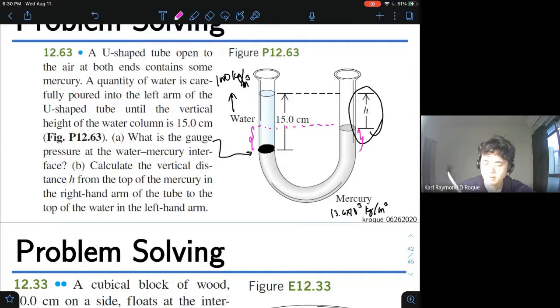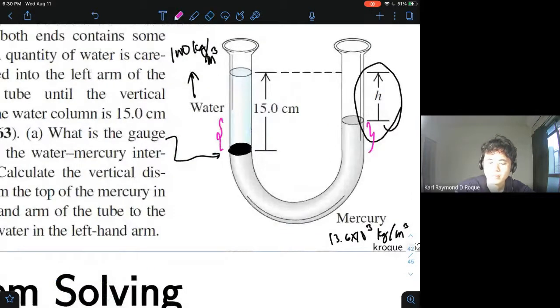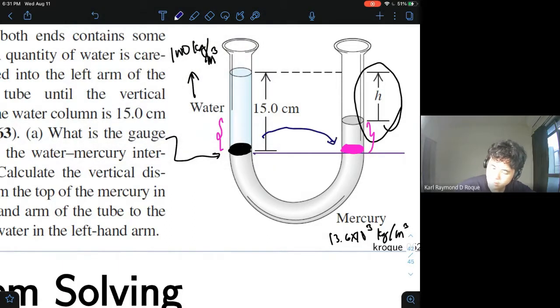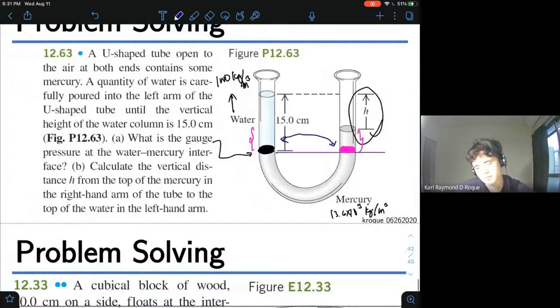Clue. Kita niya to? Dapat. Yung pressure dito, by Pascal's principle, dapat equal siya sa pressure dito. Gawin niyo yung problem in terms of the sequence given to you. Kailangan niyo muna talaga to.